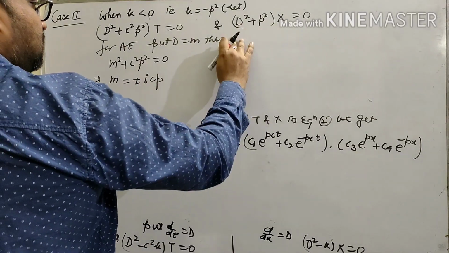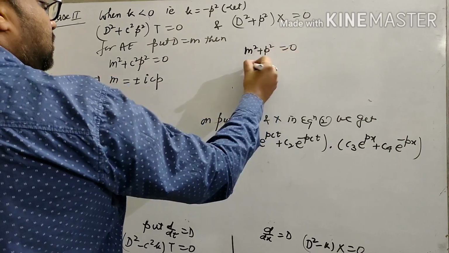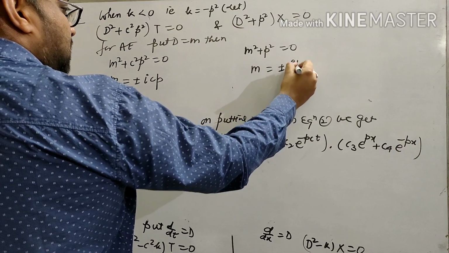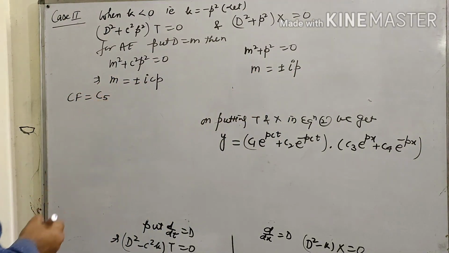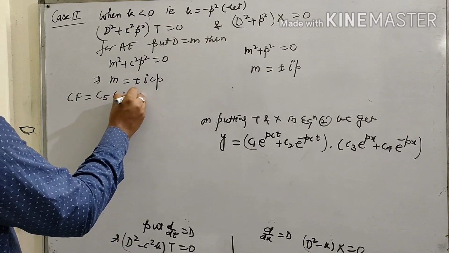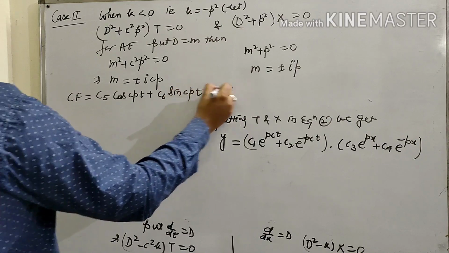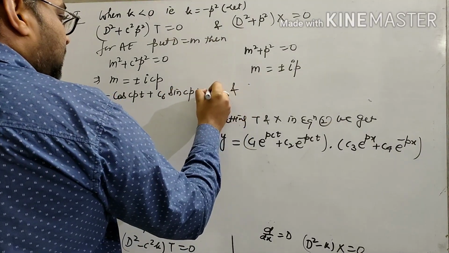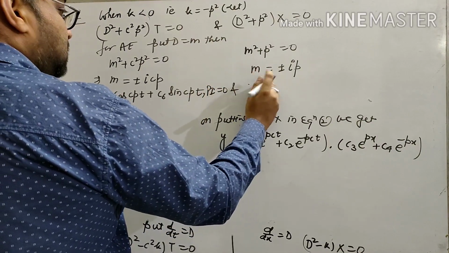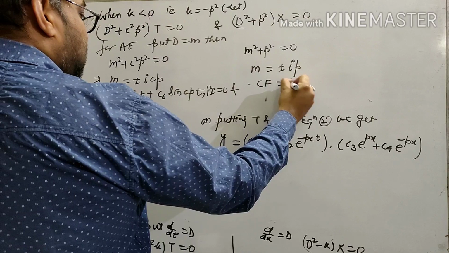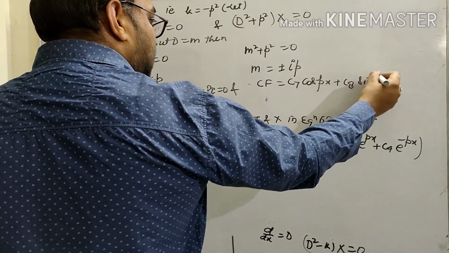And from here m square plus p square equals 0. So m equals plus minus ip. So CF is equal to C5 cos cpt plus C6 sin cpt, and PI is also equal to 0. And from here CF is equal to C7 cos px plus C8 sin px.